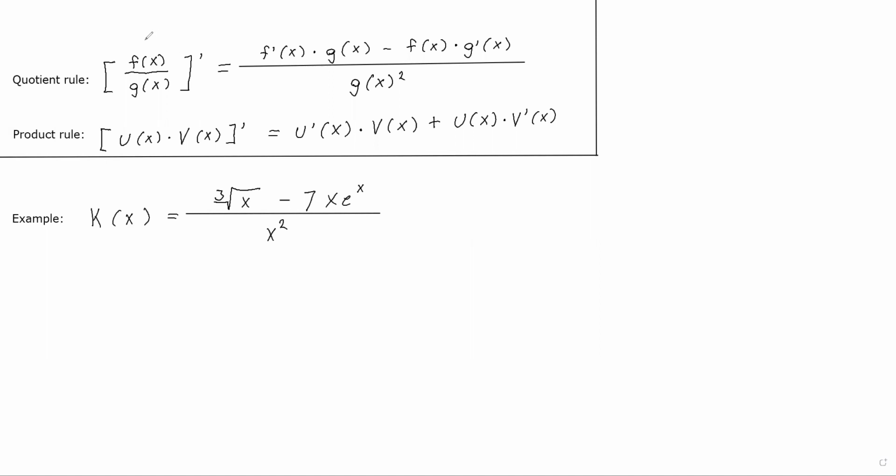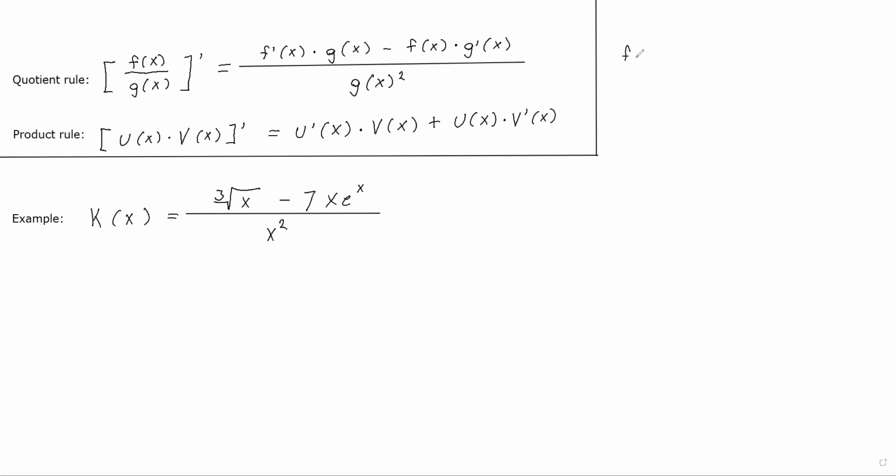For this case, we need to find our f of x, our f prime of x, our g of x, and our g prime of x. To start with, we're just going to identify each. Our f of x is just whatever's in the numerator, and our g of x is just whatever is in the denominator. I'll write that out in this top corner.